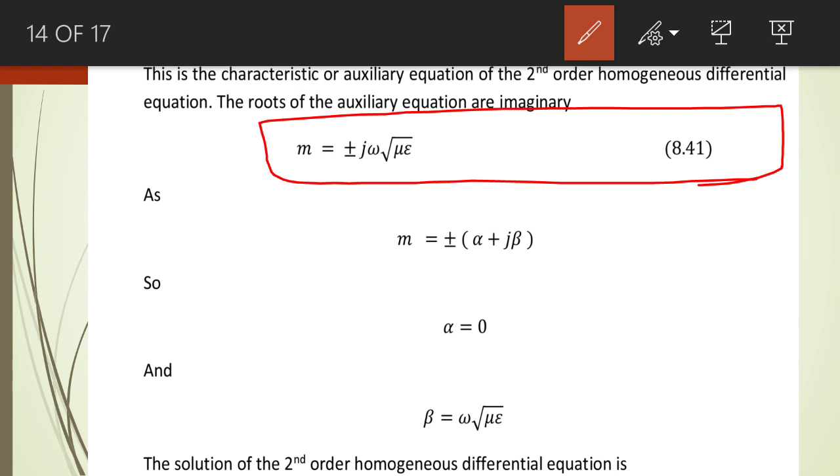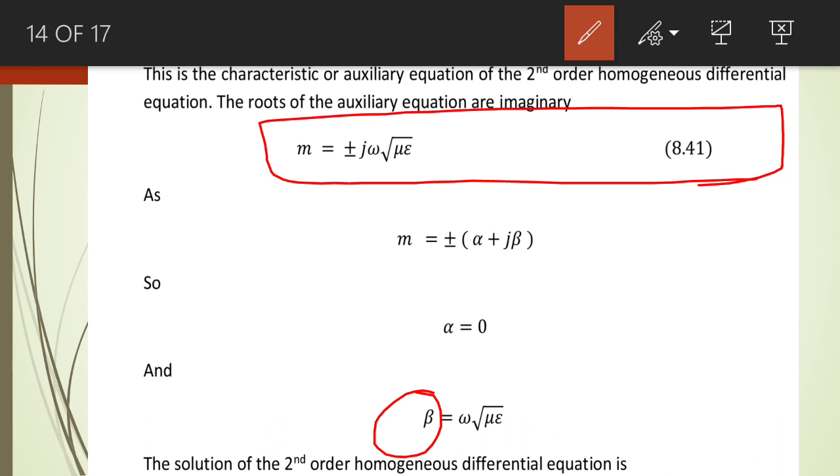All right, so you see I have beta over here, which is known as the phase constant. I replace this quantity by beta in my book, but if you consider the book of the fiber optic communication system, they represent this quantity by k, which is known as propagation constant.